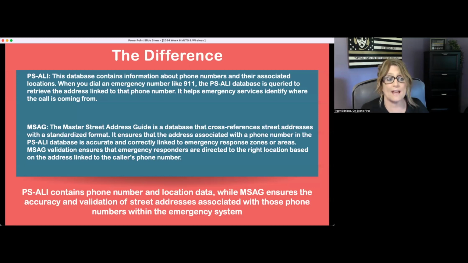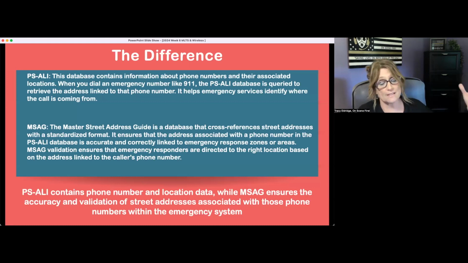By definition, that's exactly what an MSAG is also doing. The MSAG, the Master Street Address Guide, is a database that cross-references street addresses with a standardized format. It ensures that the addresses associated with the phone number in the PS-ALI are accurate and correctly linked to the emergency service zone.